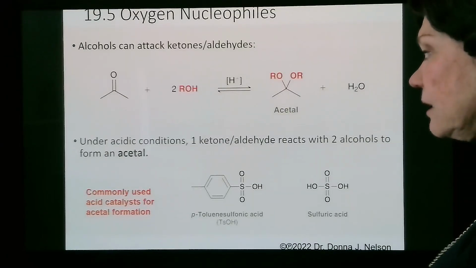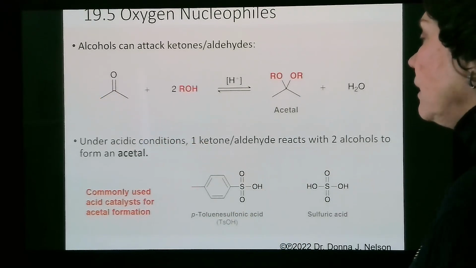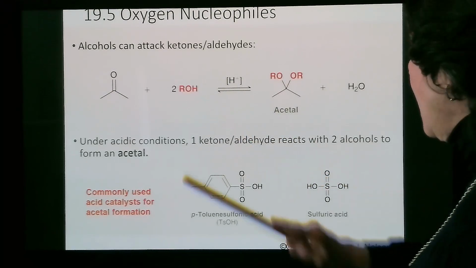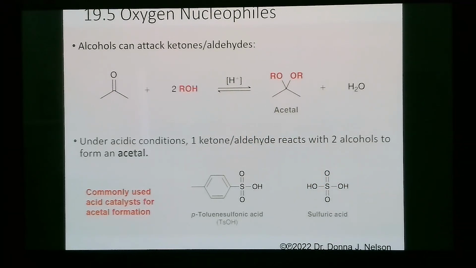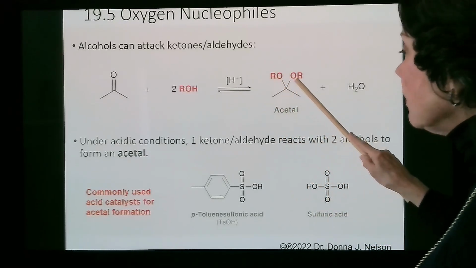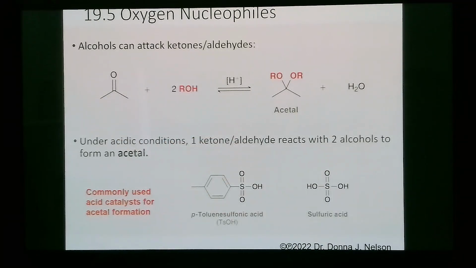Under acidic conditions, one equivalent of ketone or aldehyde reacts with two equivalents of alcohol to form the acetal. That's because you're having to attach two alkoxy groups to the carbon of the carbonyl.